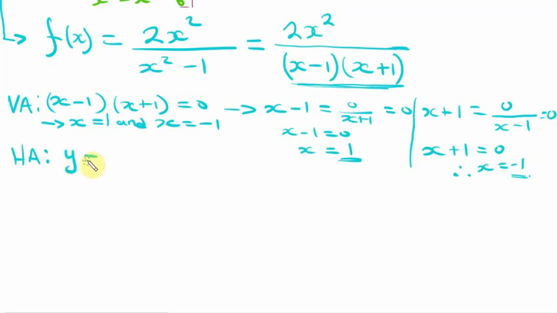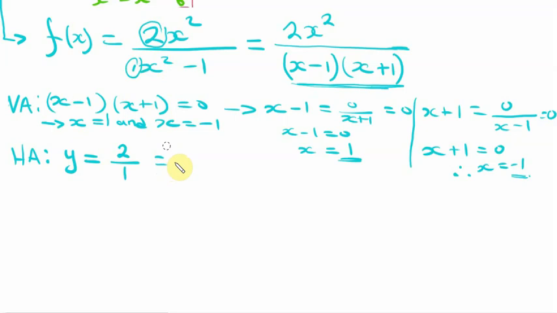Therefore the location of our horizontal asymptote is at y equals 2 divided by 1, that is 2 divided by the 1 in front of x squared.